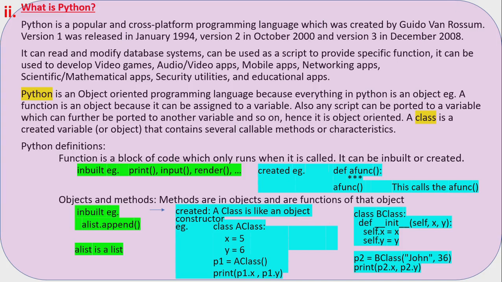The John will be assigned to x, while the 36 will be assigned to y. So when you want to call the first method of that object's class B, we refer to it as p2.x, whereas if we want to call the method y, then we call p2.y.